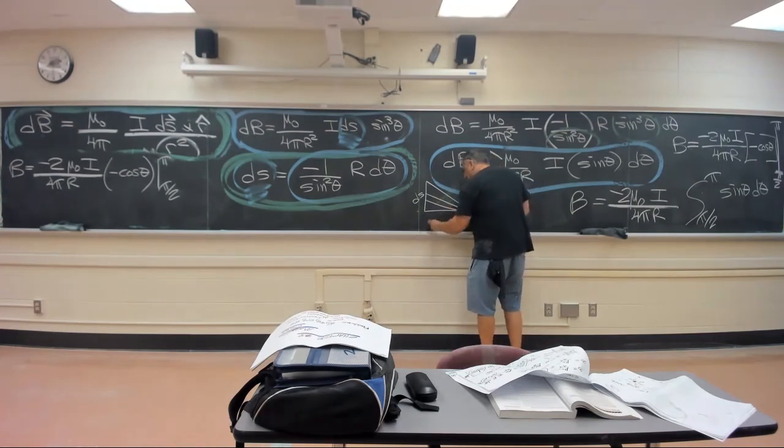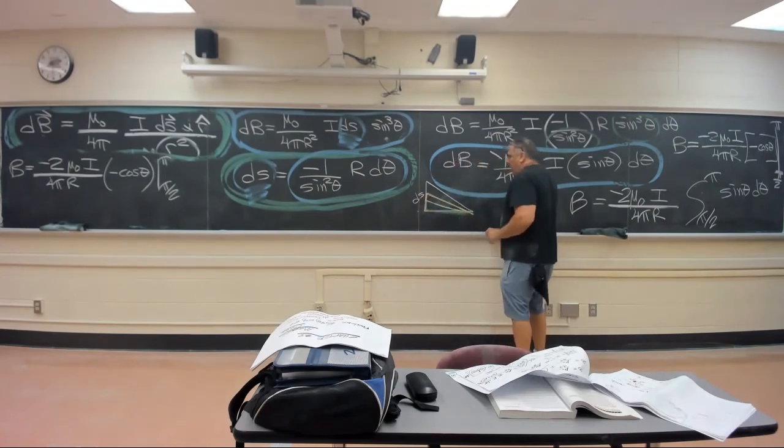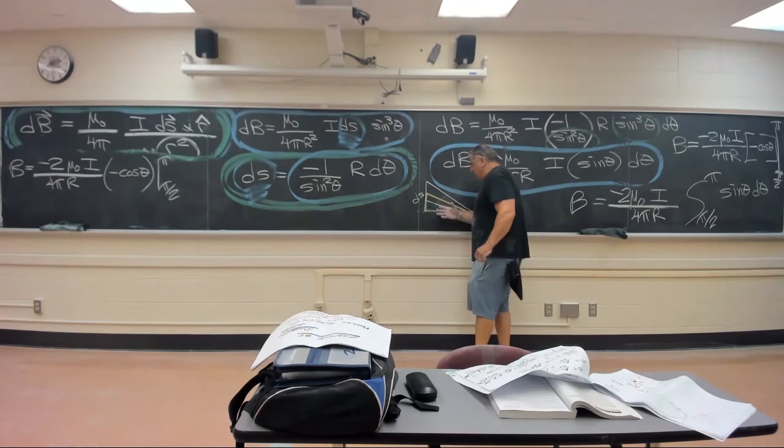So you've got this, and you've got the other one, which is all this. Well, with the yellow, the tangent is a smaller answer than it is here.